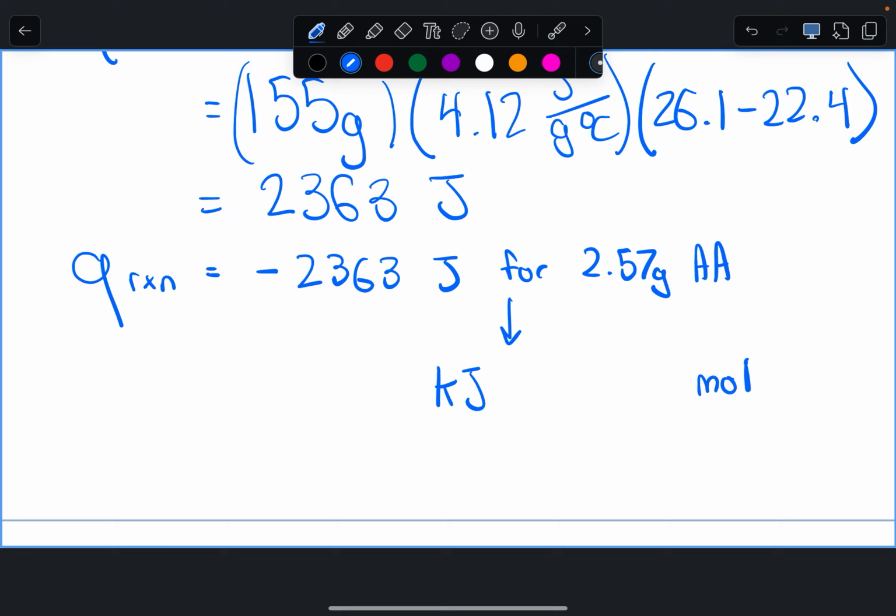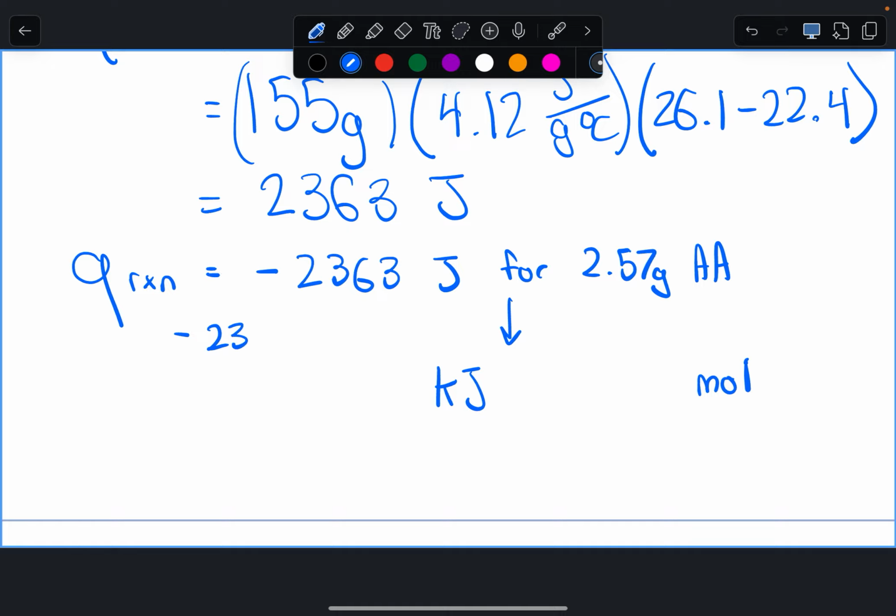We've talked before about how if you have a unit over another unit, that's a conversion factor. If it says kilojoules per mole for the answer, that means you need to find one, find the other, and then just divide.